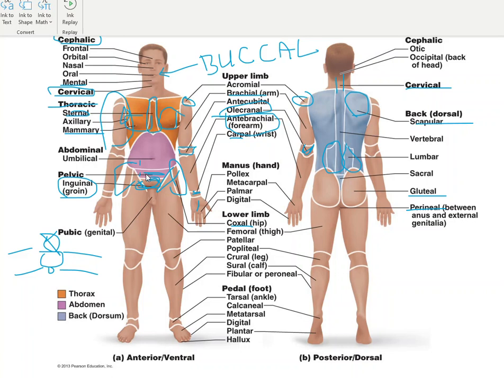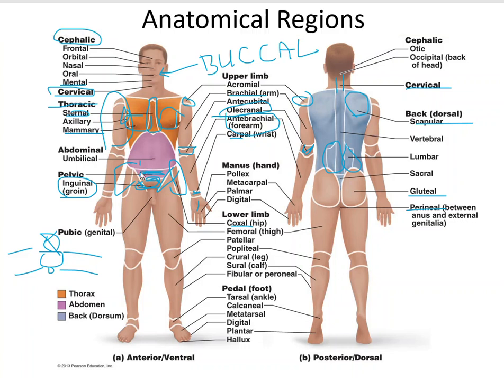In any case, the pelvic region is going to be that region right there. It's going to be underneath the belly button or the umbilicus. So that's got our pelvic. The pubic region is going to be that region that contains the external genitalia, which on my little drawing is right there. And of course on the male, it's going to be right there. Sacral region is going to be this area over here.